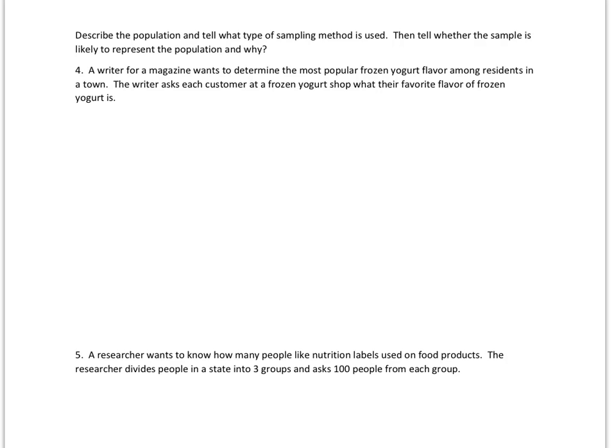So, describe the population. Well, the population is residents of the town. And tell what type of sampling method is used. The writer asked each customer at a frozen yogurt shop.